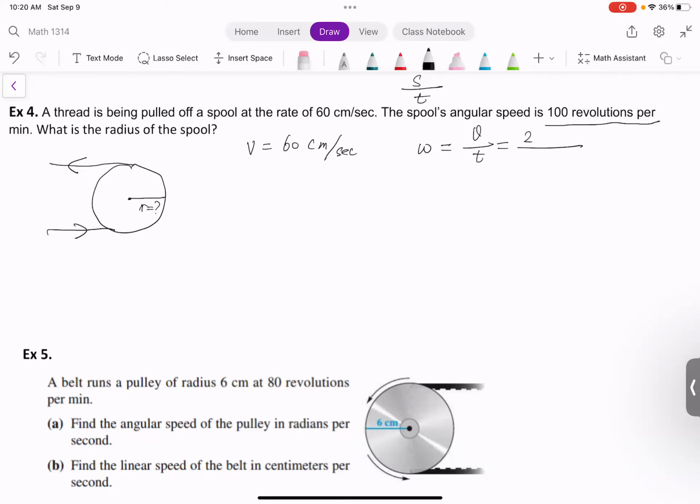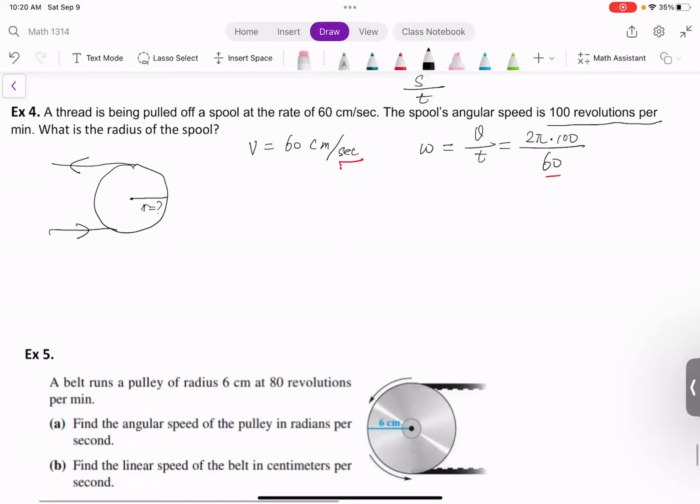That's 2 pi times 100. This is the angle over the t per minute. We need to make them have the same unit. So here is second. I should have the second here. I can simplify it later.